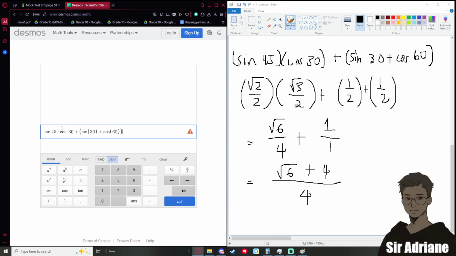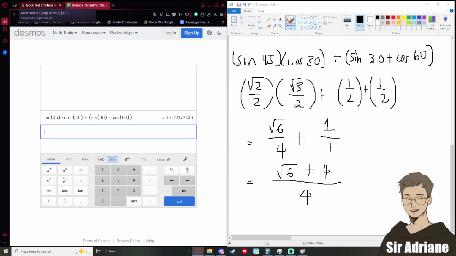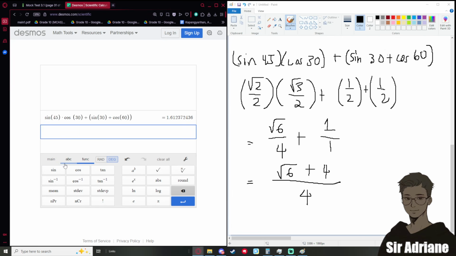So the answer is 1.61. And let's check if that is equal to the given value.